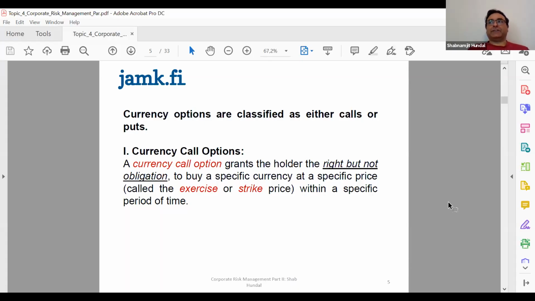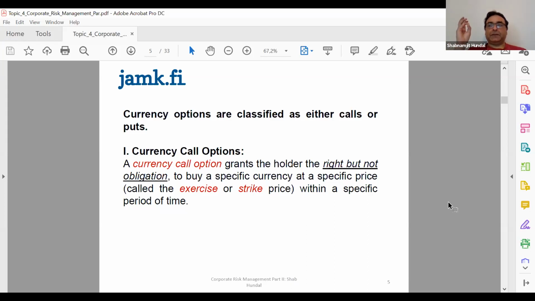We have two categories of options. The first is called currency call options. A call option gives you the right but not the obligation to buy a specific currency at a specific price, which is the exchange rate, at a specific time period. So there are four specificities.